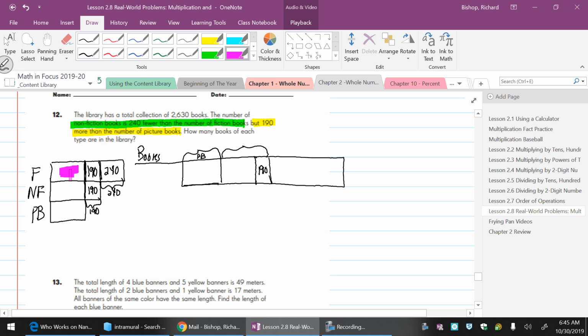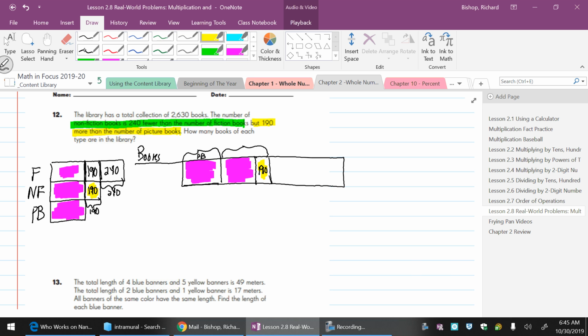What I had there was I filled this in. This space is the same as this space from the nonfiction. Here's my nonfiction that's equal to that, so I colored that in purple right now to begin with. But I also had that extra 190 that I'm going to put in there for the nonfiction books.